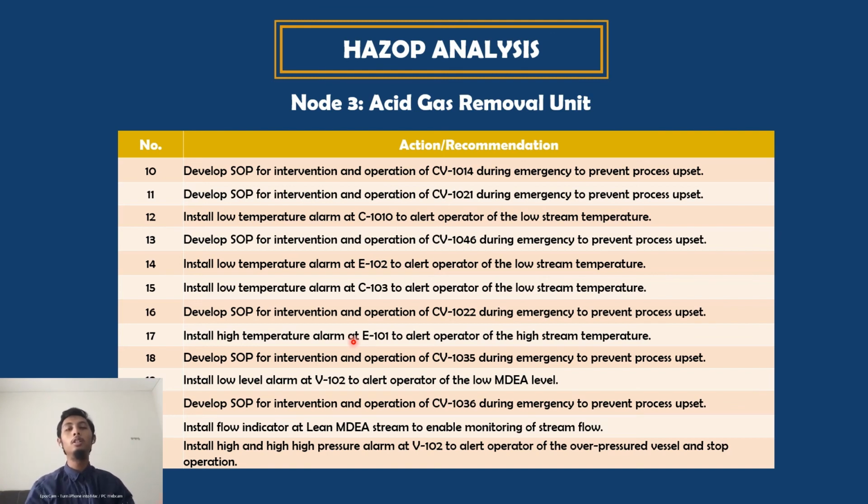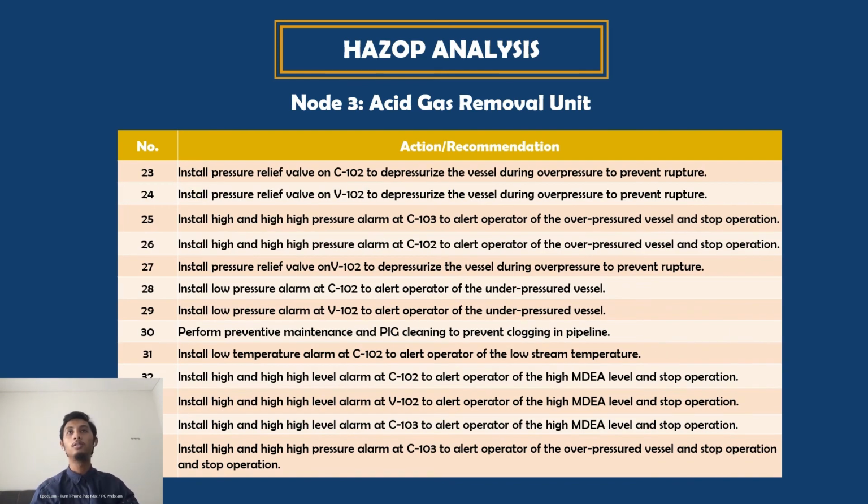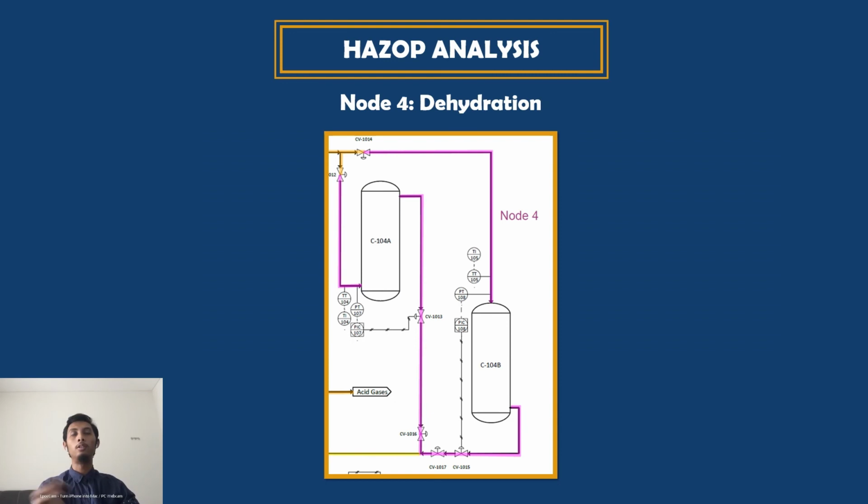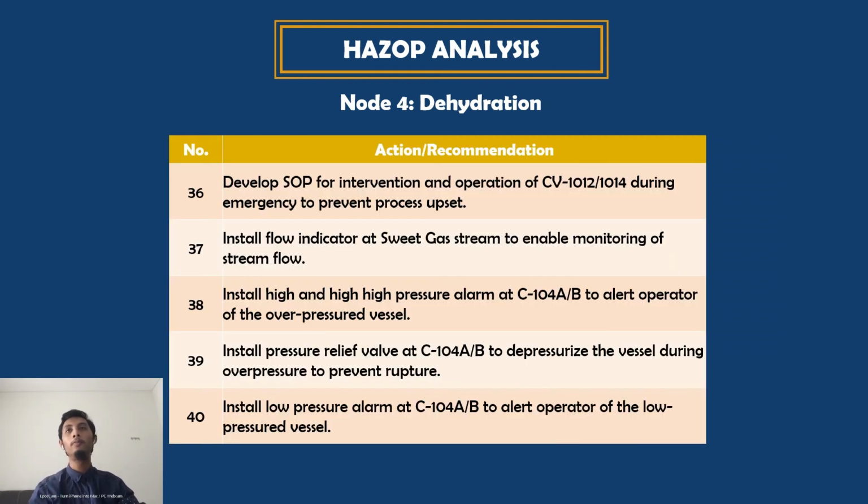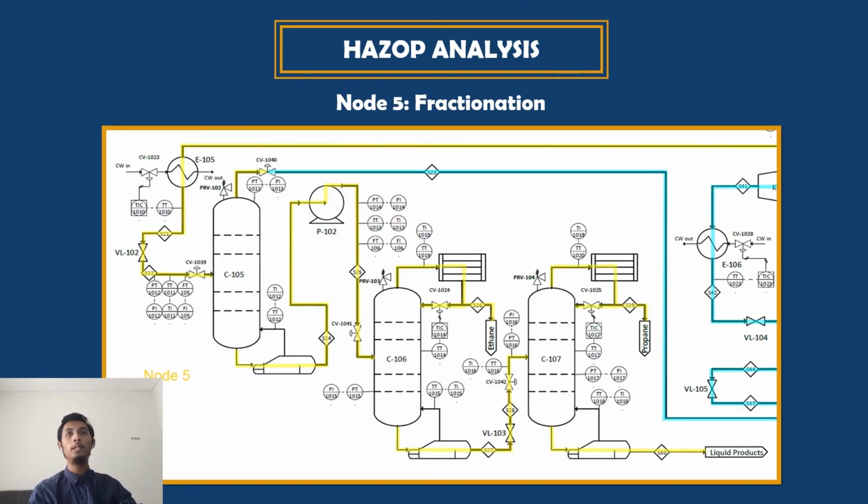But the recommendation is quite similar, just at different places on the PNID or different unit operations. Alright. Next is Node 4 for dehydration. Still the same recommendation. Develop SOP, install flow indicator, install high and high pressure alarm. This is all quite similar recommendation.